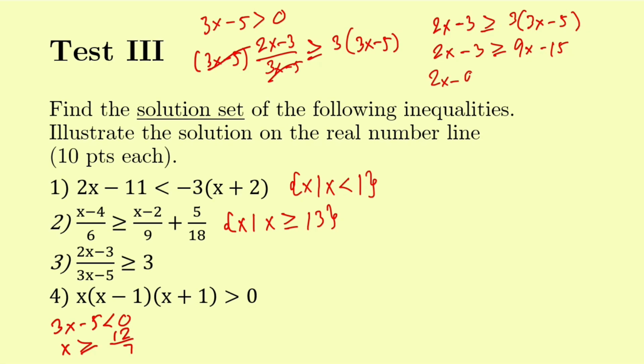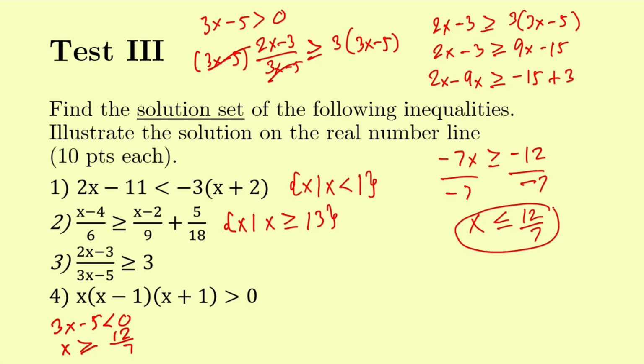Then, 2x minus 9x is greater than or equal to -15 plus 3. Anong result? -7x is greater than or equal to -12. And that means dividing both sides by -7, actually same lang yung result. Maiiba lang yung symbol. X is less than or equal to 12/7 naman siya.